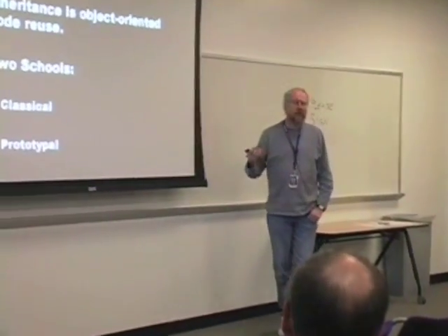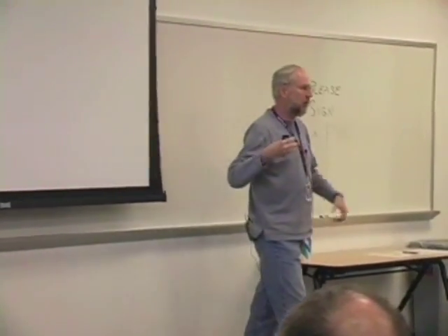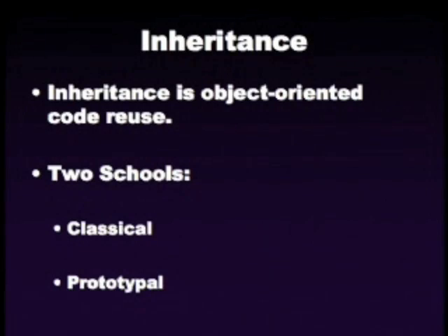Okay, so as you recall, inheritance is object-oriented code reuse. It's a useful pattern of letting us make use of code, taking it further, reducing the cost of development. There are basically two schools of thought on inheritance.